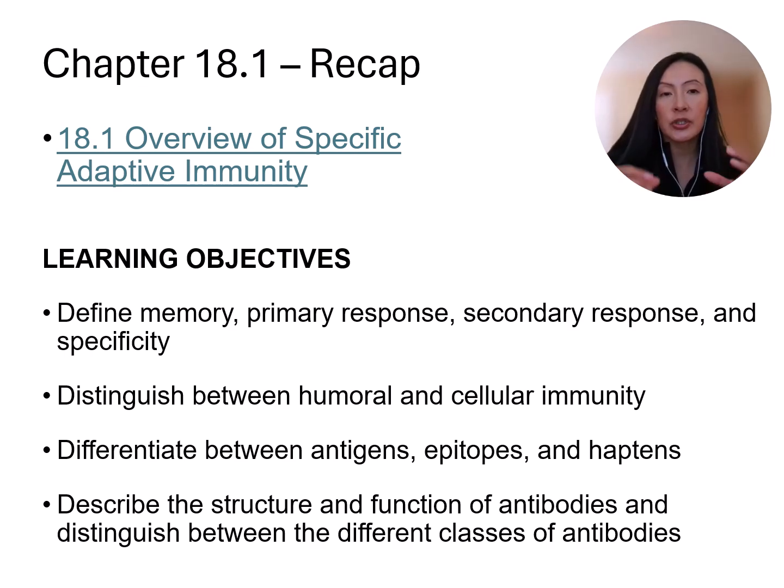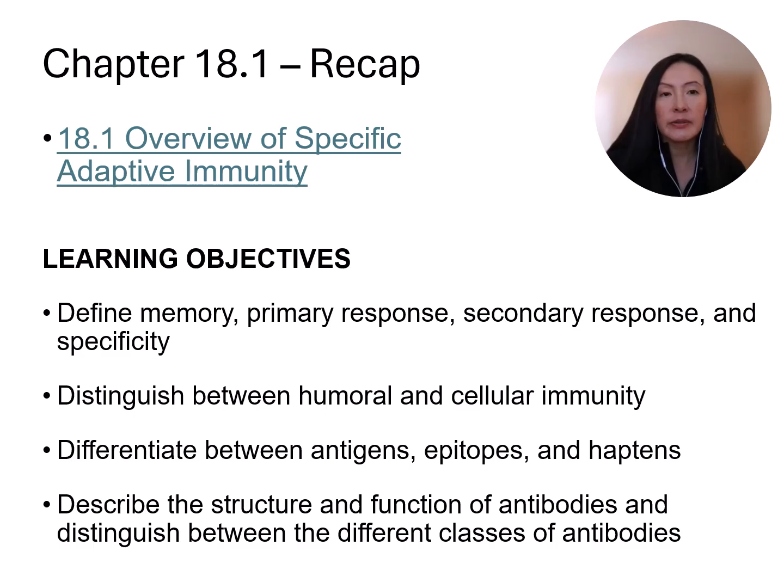And one antigen, because it's so big, can have multiple epitopes. Haptens were too small, right? They were very small molecules that were not antigenic alone. They only become antigenic when they're attached to a larger carrier protein. And we saw examples included penicillin or urushiol allergies.